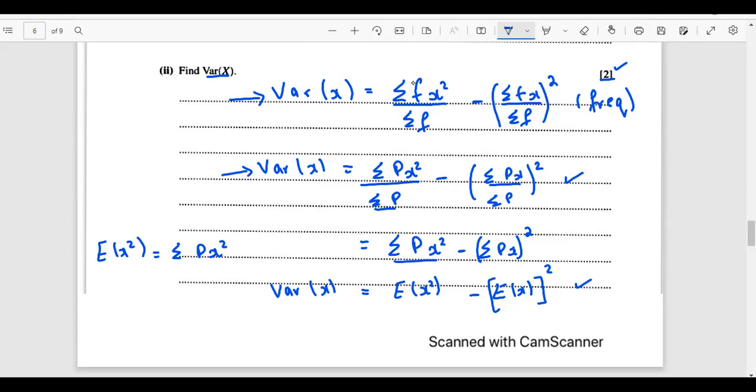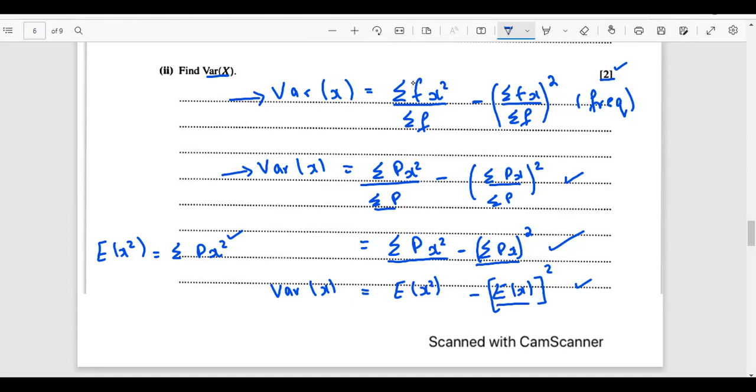I got rid of it because I know it would be 1. This is what expected value of x squared looks like, and this is what expected value of x looks like.